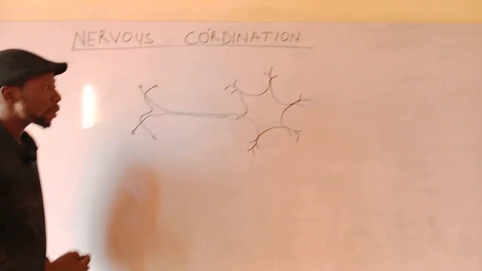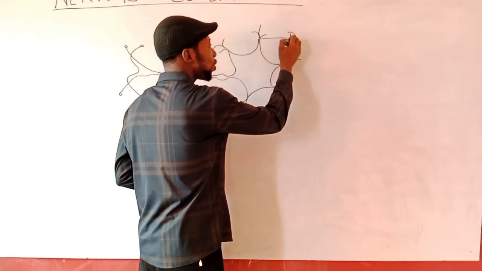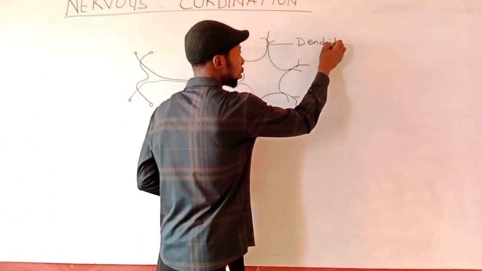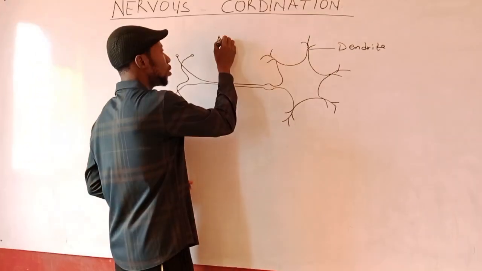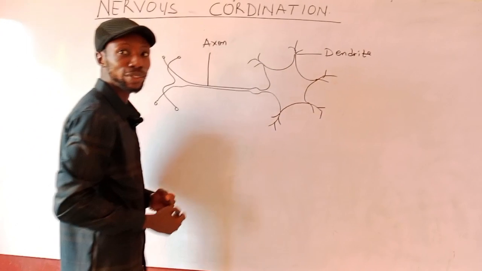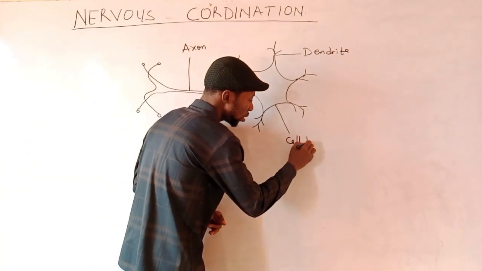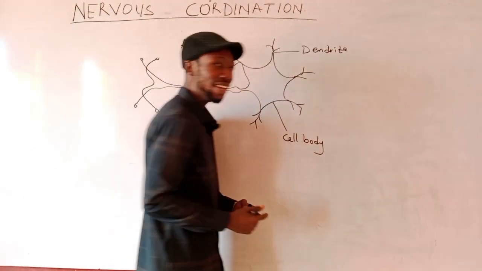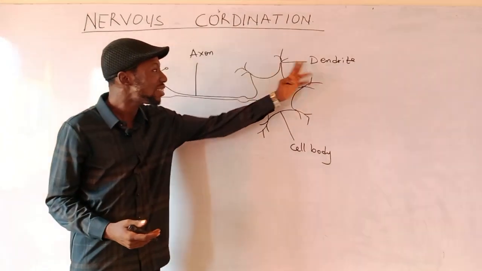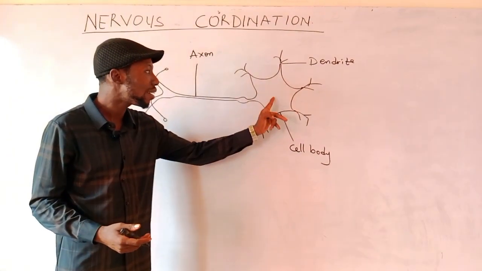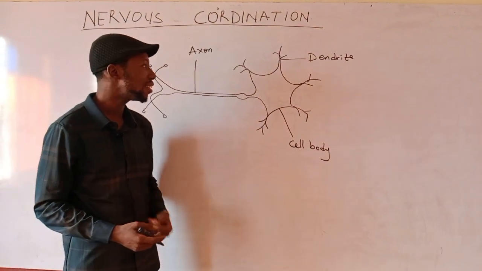The three important parts of every neuron are: number one is dendrites, secondly is the axon, then here we have the cell body. These are the three important parts of the neuron: the dendrite, the cell body, the axon.